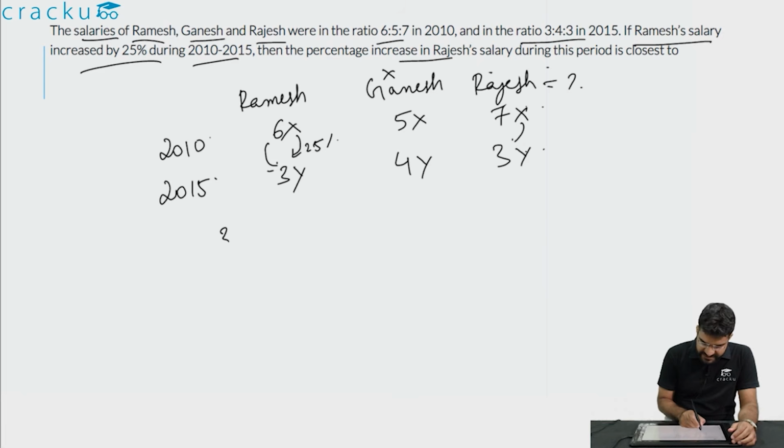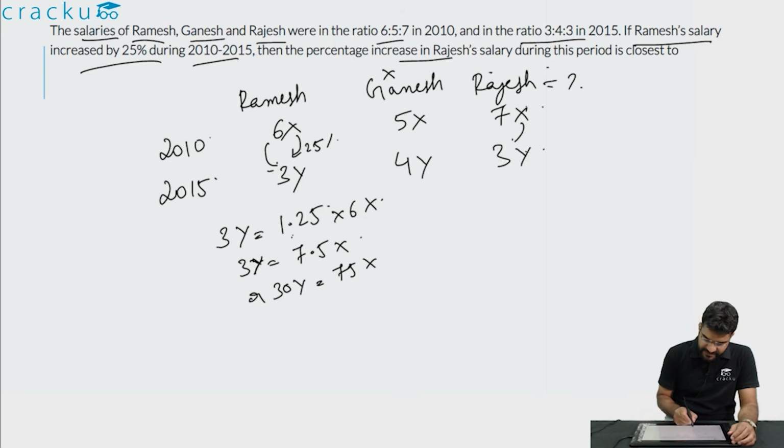So 3y is equal to 1.25, which represents a 25% increase, times his original salary, which was 6x. Simplifying, 3y is equal to 1.25 into 6x, which is 7.5x, or 30y is equal to 75x, or x is equal to 30 by 75 y.